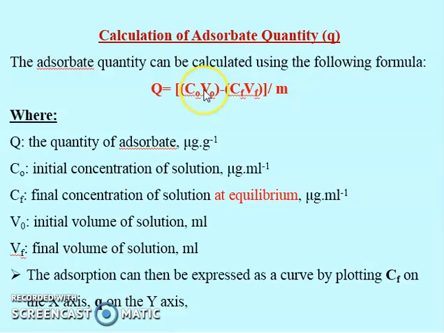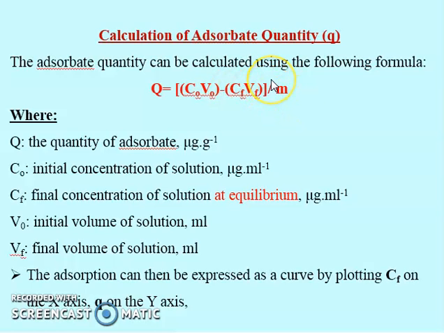Here it is microgram per milli, by the way. So if the first concentration is 10 microgram per milli and the final is 8 microgram per milli, the difference will be 2 microgram per milli.